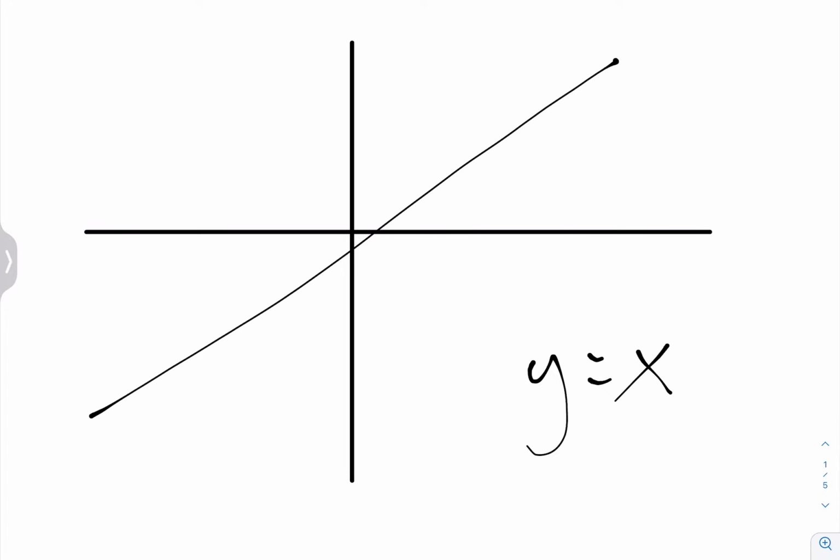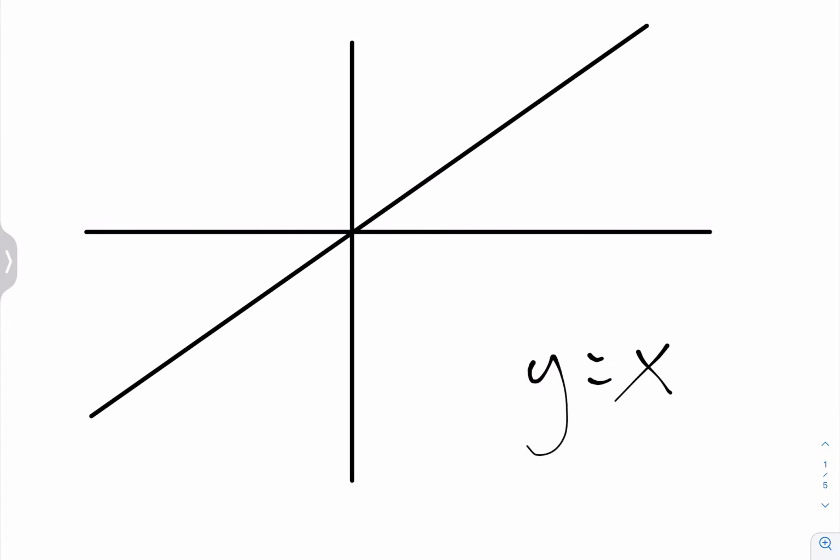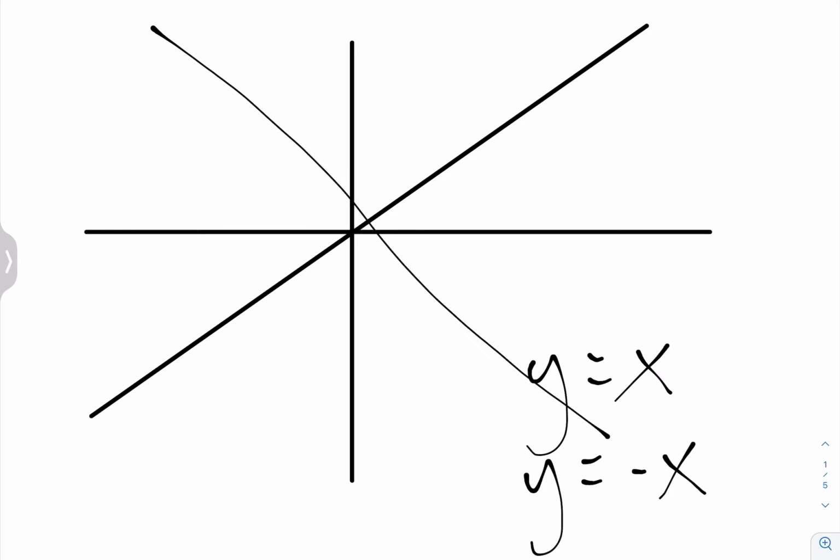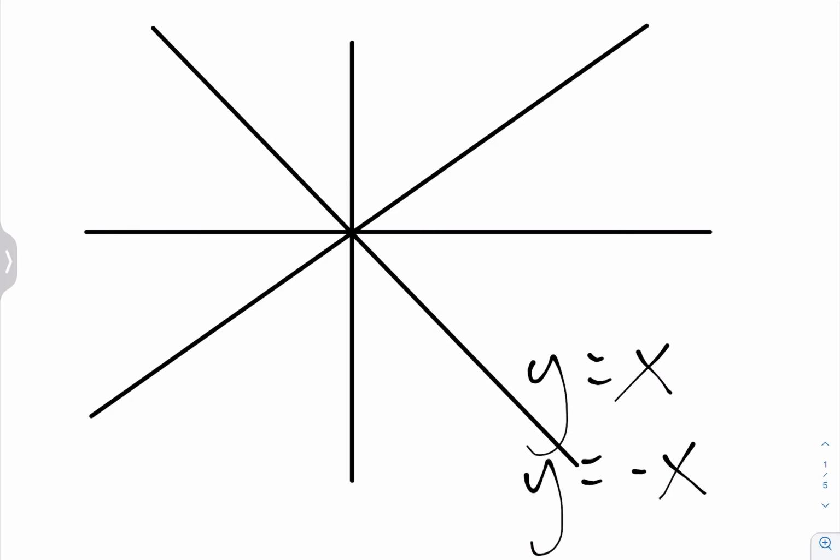We know it looks like this. Well, y equals negative x is just going to be reflected exactly opposite in the x-axis, so it's going to look like that. So for any positive odd function, it's going to start bottom left and end in top right. For any negative odd function, it's going to start top left and end up bottom right.